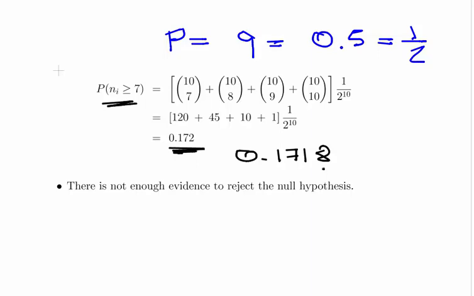So this is our p-value, and we're comparing it to 0.05, using that as our significance level. We weren't told a significance level, so in the absence of one, we use 0.05. The p-value is not less than 0.05, so we fail to reject the null hypothesis. There's not enough evidence to reject the null hypothesis.